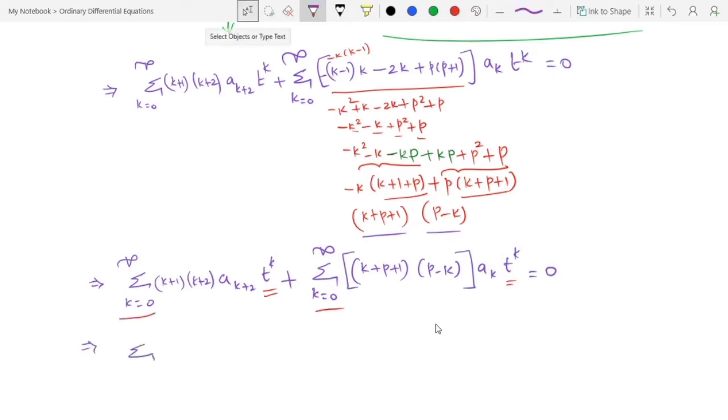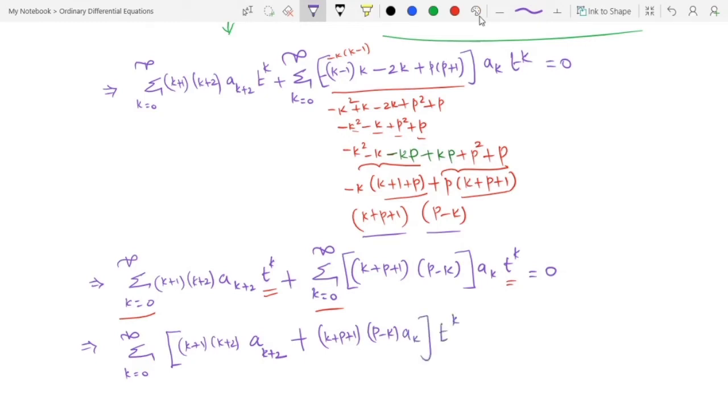We have summation k varies from 0 to infinity, (k+1)(k+2) a_{k+2} + (k+p+1)(p-k) a_k, remaining terms, a_k common out, t^k equal to 0.